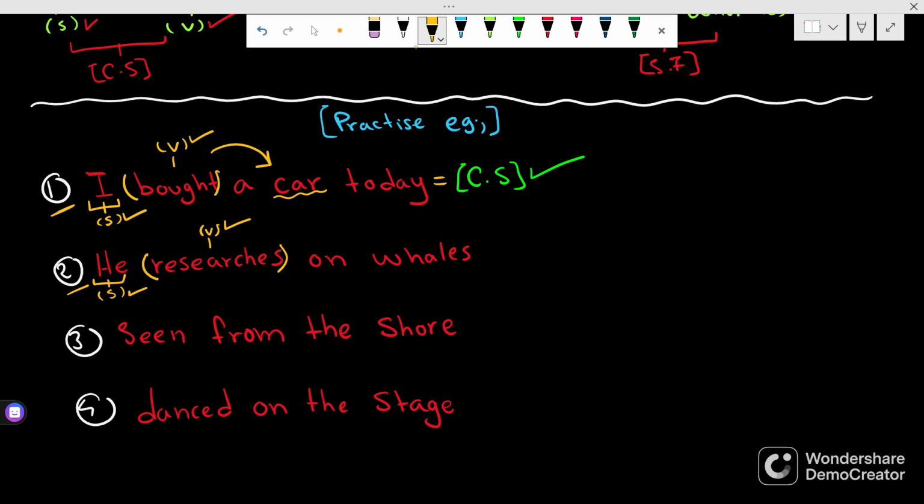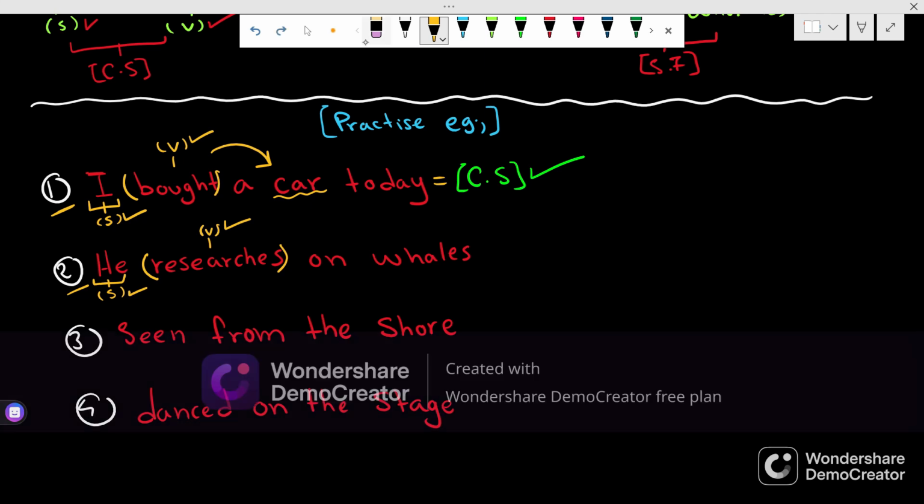He researches on what? On whales. So this sentence contains a subject, a verb, and it expresses a complete meaning. Hence, this is a complete sentence.